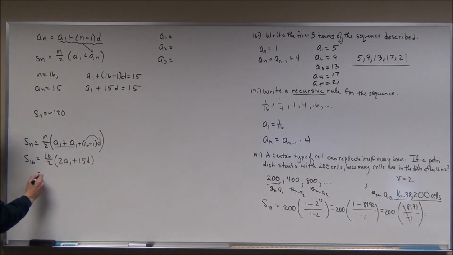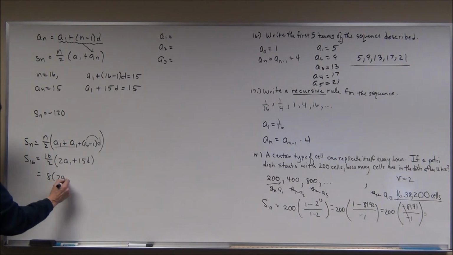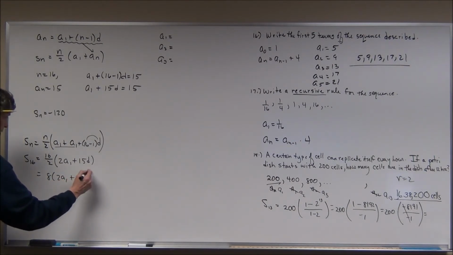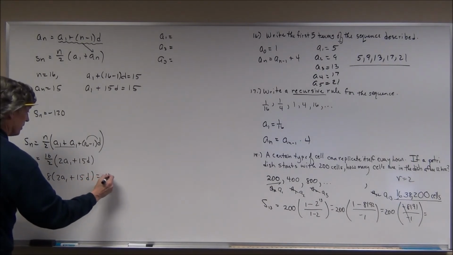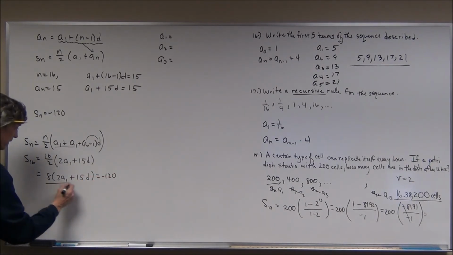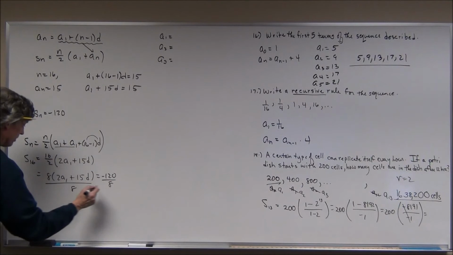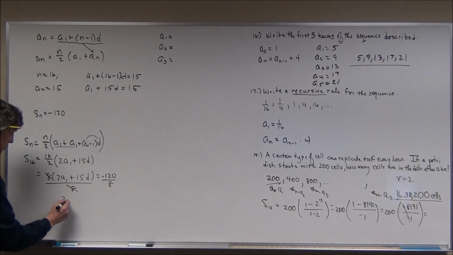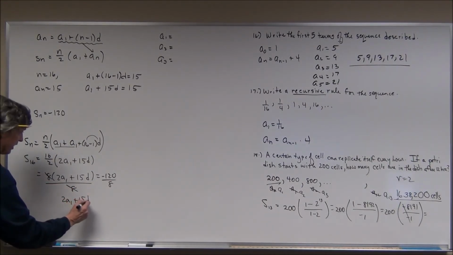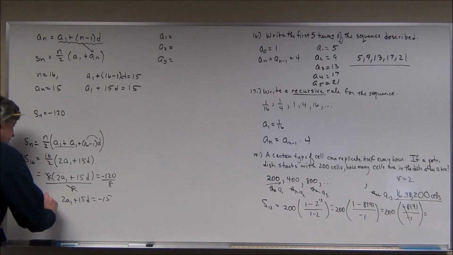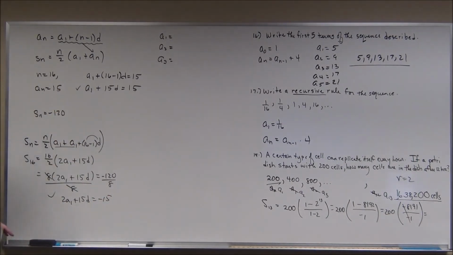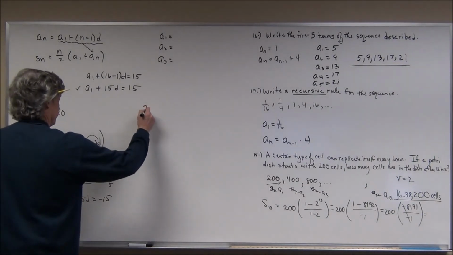So this is 8. And this, by the way, remember, equals negative 120. So I'm going to divide by 8. I could have distributed, but I have 2a sub 1 plus 15d is equal to negative 15. I have this guy, and I have this guy. I'm going to leave this guy the same.